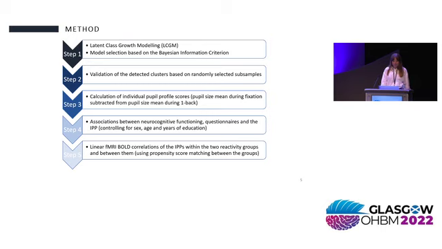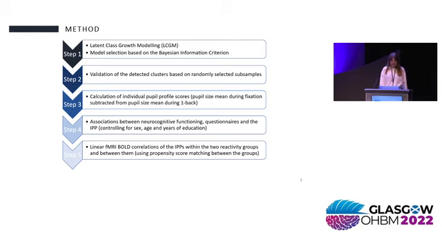So here we have an overview of the methods, and I will guide you through it. We used the pupil data, related to our research question, and we used individual mean pupil sizes within each condition of the N-back task and put it into latent class growth modeling.